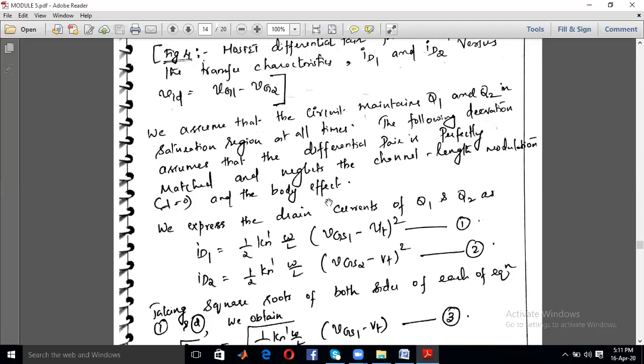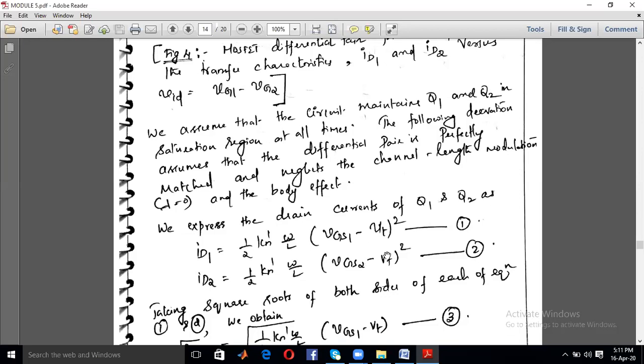That is what is known as body effect. Normally, if there is no body effect, the source will be tied to the substrate. You have studied that in the first or second module, so I don't want to explain it anymore. For this analysis, we have assumed that there is no body effect, meaning the source is tied to the substrate or body.